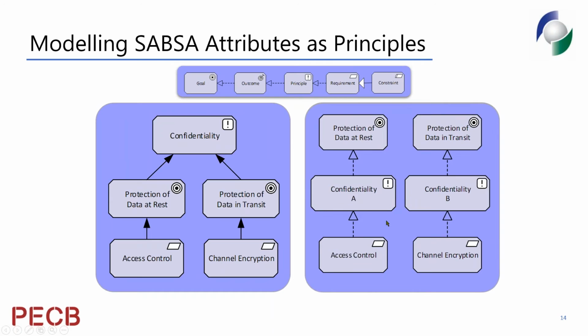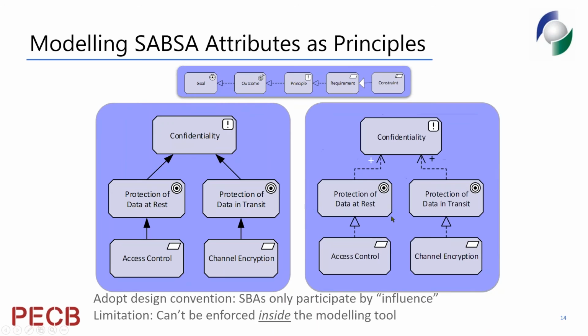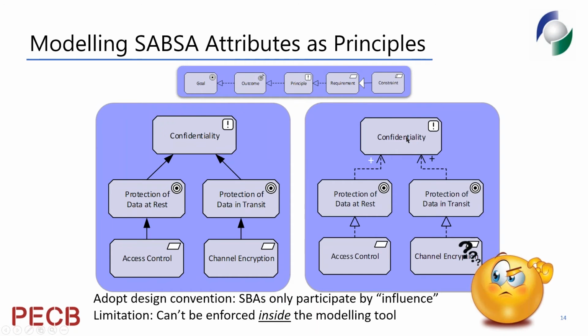We could try and separate them out into two separate stacks, but that would mean creating different flavors of confidentiality, which just feels wrong. I mean, how would you describe different flavors of confidentiality? Confidentiality is a concept. It needs to be at the top of the tree. So when we're modeling these principles, as I say, we put them at the top of the abstraction hierarchy, and we limit ourselves to only trying to influence them, not trying to realize them midway between goals and requirements.